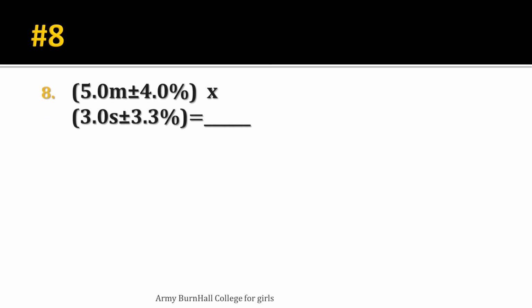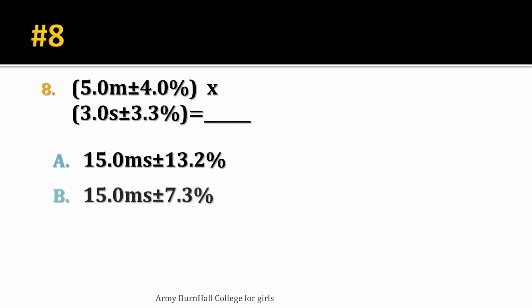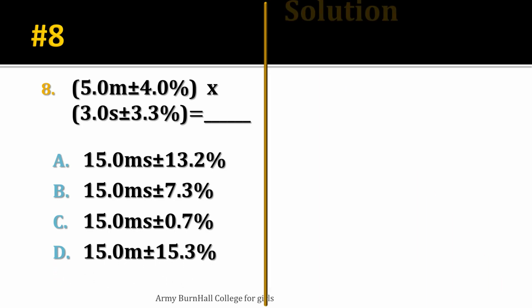Number 8, 5 meters plus minus 4% multiplied by 3 seconds plus minus 3.3% is equal to: option A, 15 meter per second plus minus 13.2%; B, 15 meter per second plus minus 7.3%; C, 15 meter per second plus minus 0.7%; and D, 15 meter per second plus minus 15.3%.